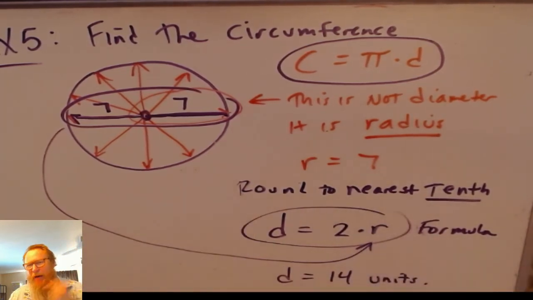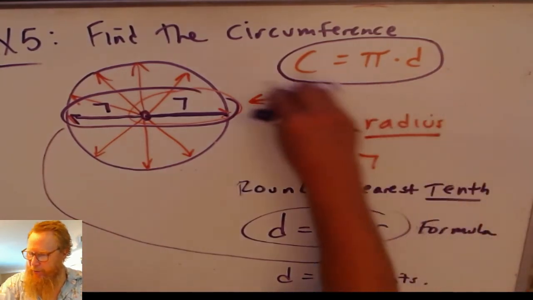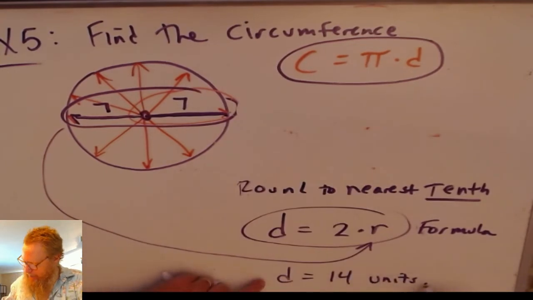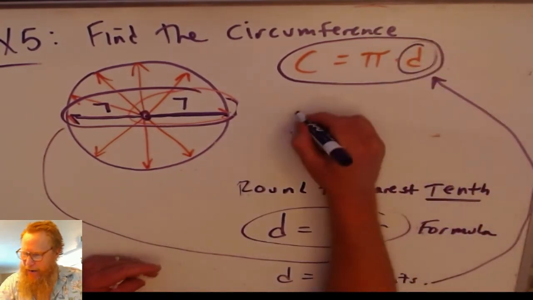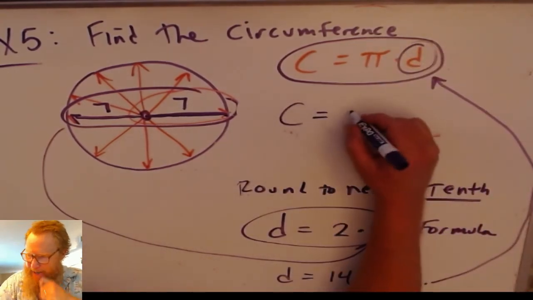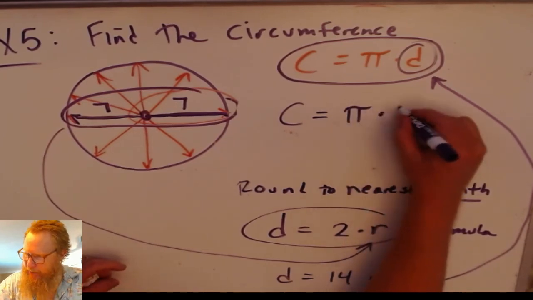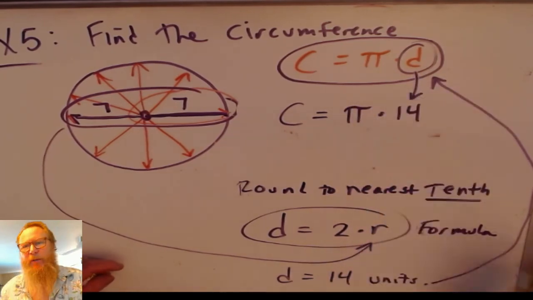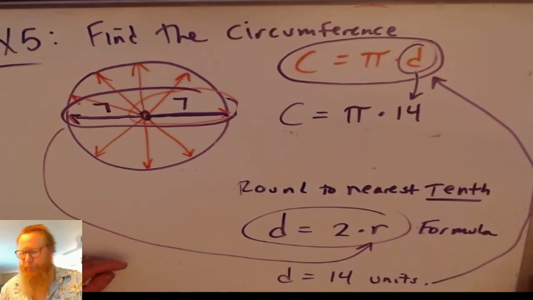Now we don't have to round right now. We're going to round when we're done. So now we can come up to our formula here, and now we can plug in pi times 14, now that we know the diameter is 14.